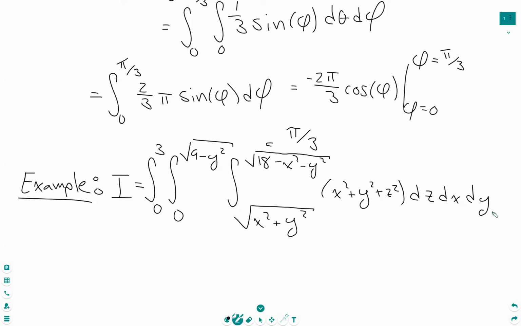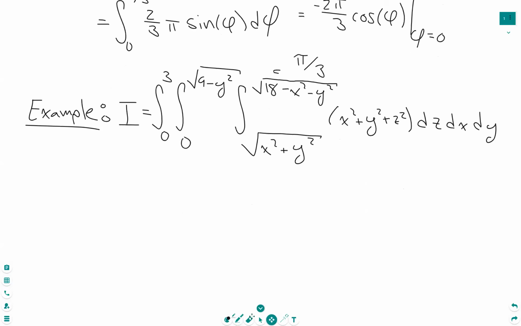Okay. So this looks really messy in Cartesian coordinates, but let's figure out what's going on. I always like writing our bounds down. So I know that y goes from 0 to 3. I know that x goes from 0 to the square root of 9 minus y squared.